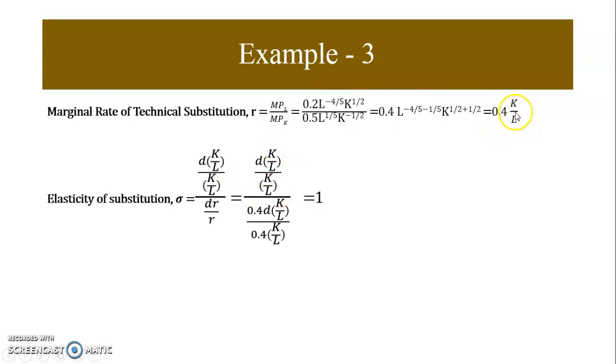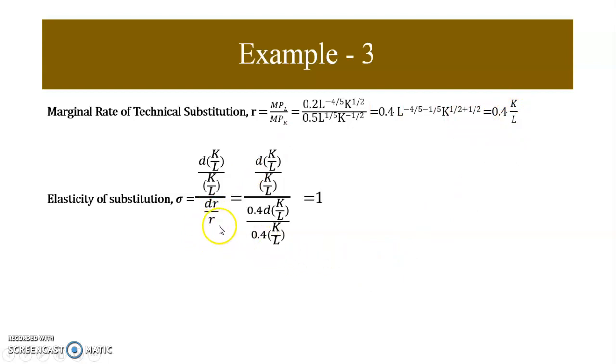When you find the derivative of this R, 0.4 is constant, so this is as it is. The derivative of K by L is not constant, so we add the d sign here, and you divide with R. The full R is 0.4 K by L as it is.